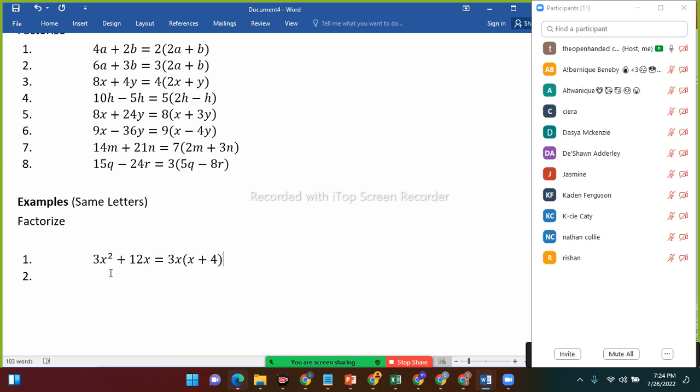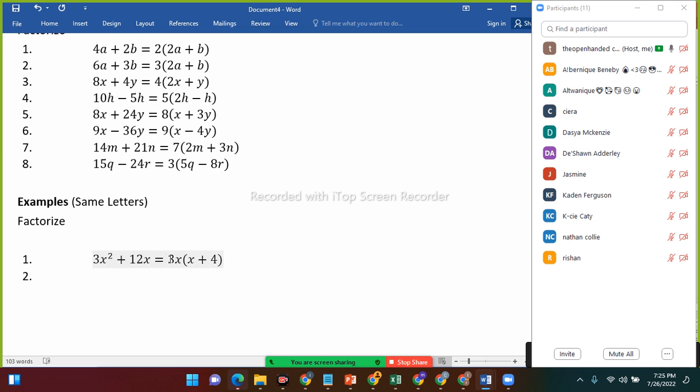So what we did was we said, okay, we have 3x squared and we have 12x. What is common in both of them? Well, 3 is common because 3 could go into 3 and 3 could go into 12. And x is common because x is a part of x squared and x can also go into x. So whatever is common, we put out front. So that's our greatest common factor.